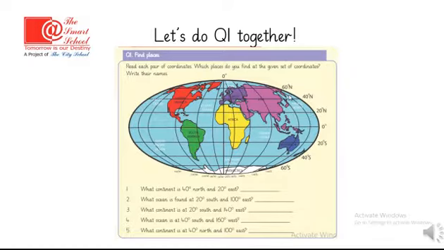You can get a print from there, or if you don't have a printer, then you can easily find out the locations, the places, the continents and oceans, and then you can write in your notebooks. So let's do this question together.